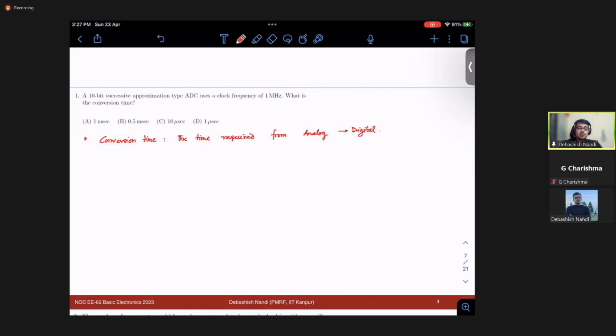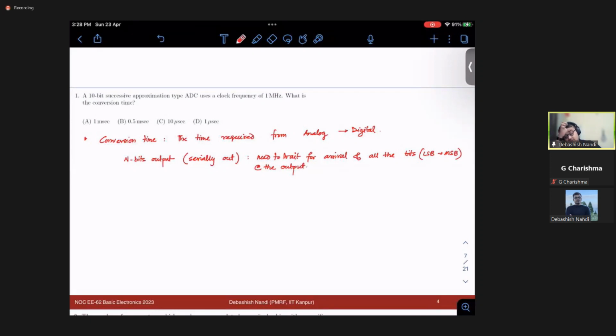Whenever you have some serial output of your n bits, you need to wait until all the bits, from LSB to MSB, are present at the output.